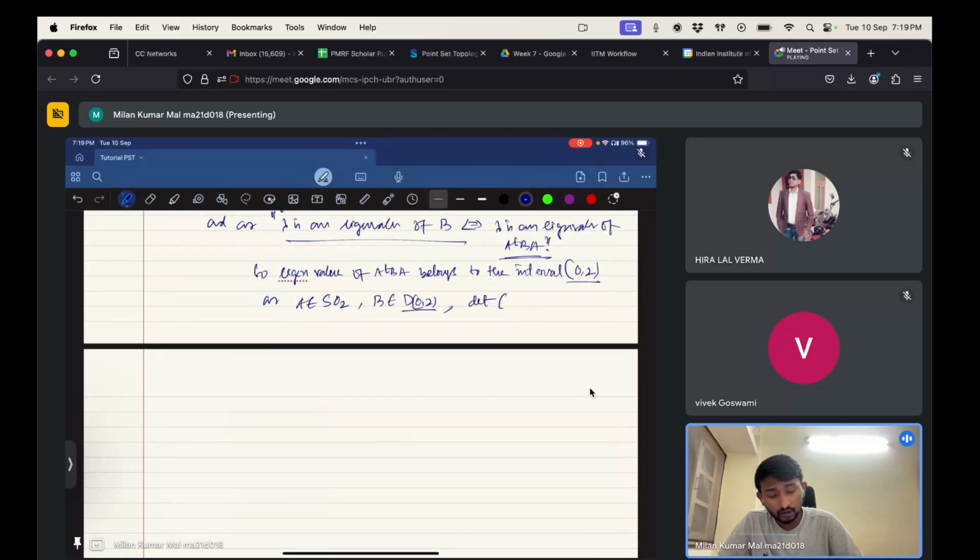So the determinant of A transpose B A will not only be non-zero but positive, because the eigenvalues are between 0 and 2, and the product of eigenvalues is the determinant. So F(Y) is sitting inside X.